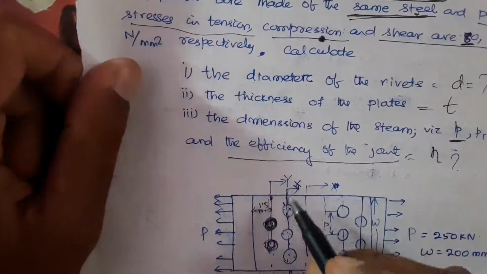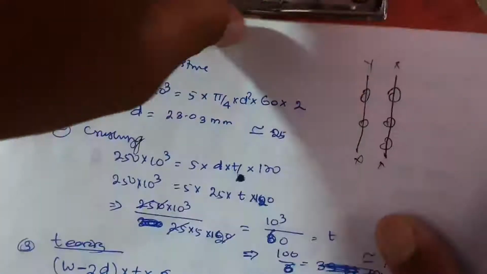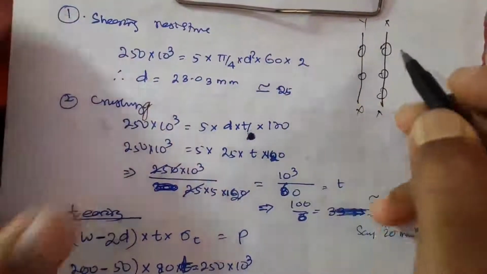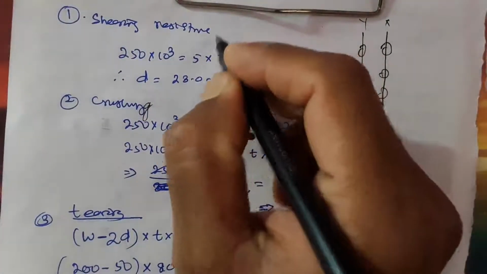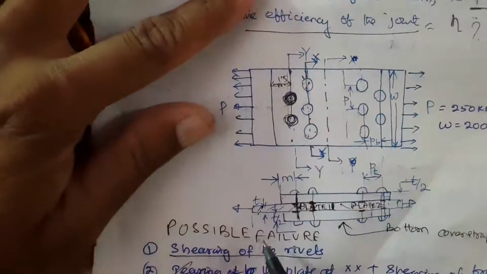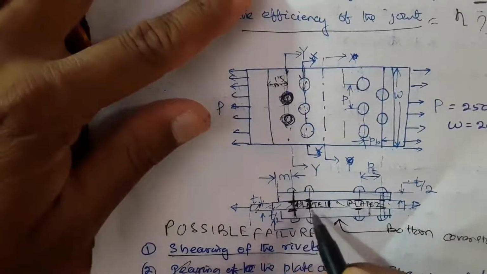At XX there are 3 rivets, at YY there are 2 rivets, so there are 5 rivets. So 5 rivets have to shear across the width, and each rivet will be in double shear, because if you look at the cross section, the rivet will shear at these 2 locations.